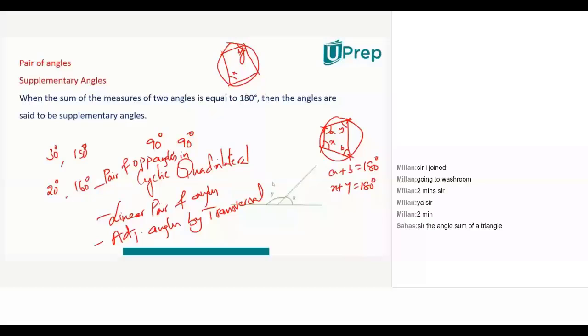In a right angle triangle, the pair of angles other than the right angle are always complementary.